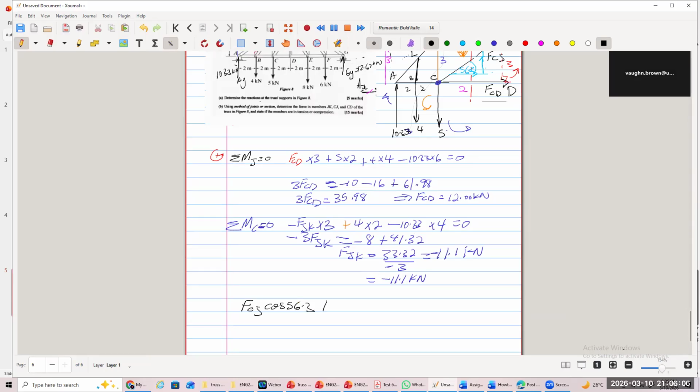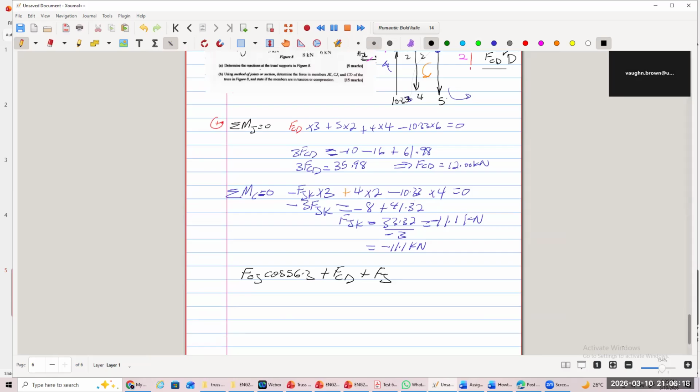And then we have it plus FCD plus FJK. J is something we're finding. JK. Yeah, JK. And it's simple as that. So that is the sum of the forces in the X equals 0. So that's what we use, and that is equal to 0.